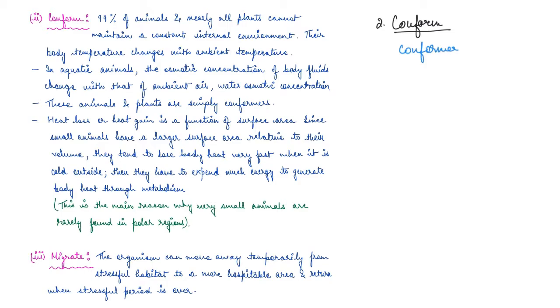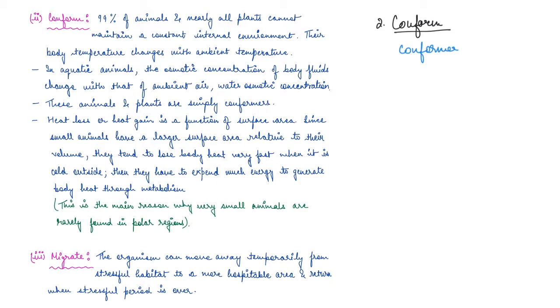So, during the course of evolution, the cost and benefit of maintaining a constant internal environment are taken into consideration, and some species have evolved the ability to regulate, but again within a very limited range of environmental conditions.